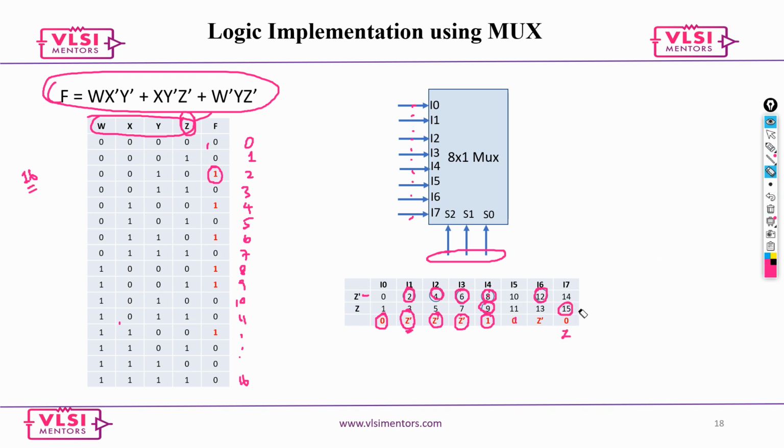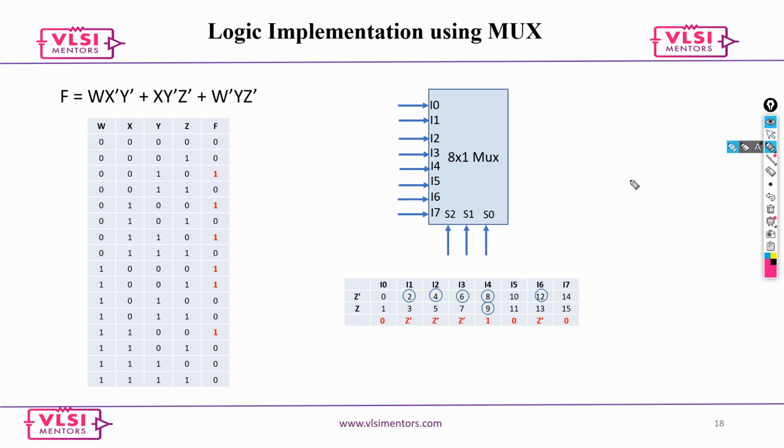So this is another way you can do it. Now ideally speaking, this is going to be 0, this is going to be Z bar, this is Z bar, and this is Z bar. Then 1, 0, Z bar, and then 0.